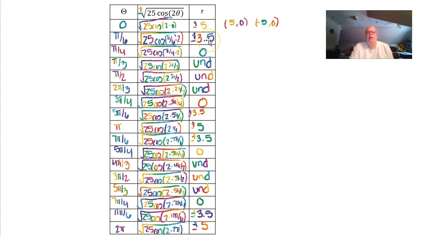And then here I'm going to be plotting positive 3.5 and pi over 6 and negative 3.5 and pi over 6. And notice I also have some undefined places on here. That's okay. That doesn't mean we're going to have asymptotes on here. That just means that they're not defined for these particular angles. All right, let's plot these points and see what kind of a picture we have.